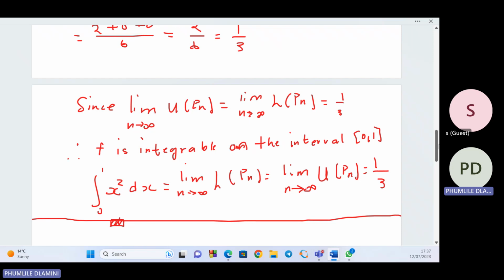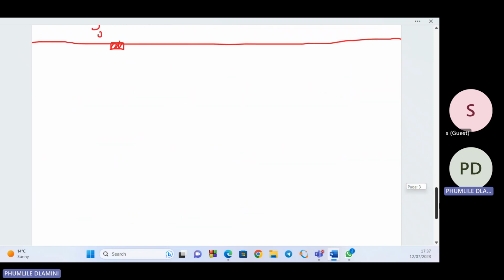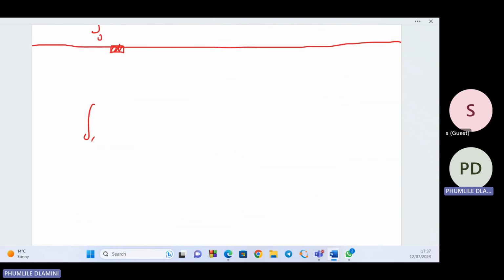So I will just show you something, just that it is the same. When we integrate normally in calculus, x squared dx is going to be x cubed over 3 from 0 to 1.